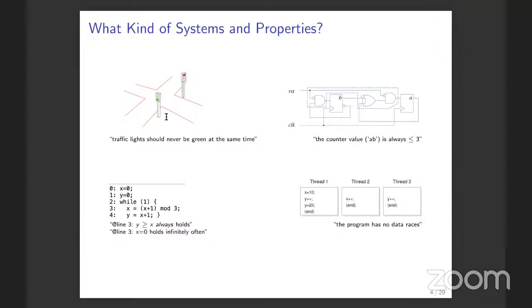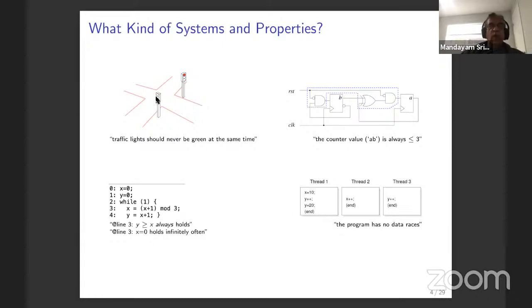The color of the lights. Yes, the color of the lights. There are two signals here at the intersection, and each of them will be represented by a variable.